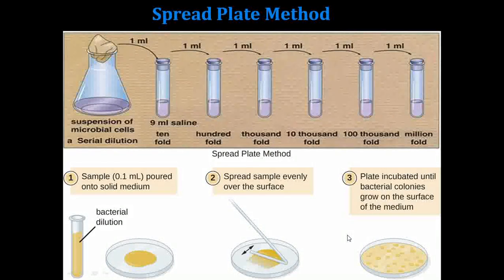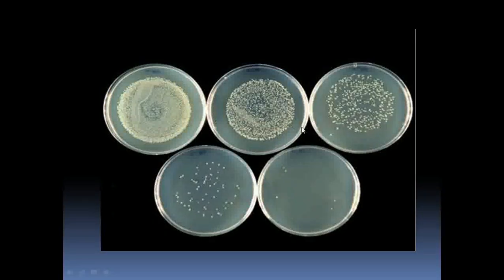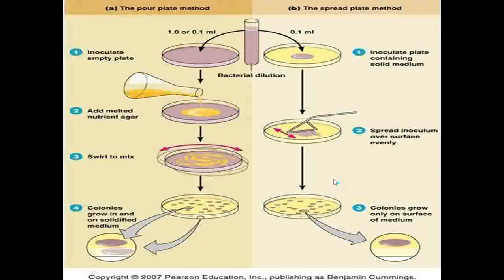Fine. So this will be the expected result. The highest concentration is present in the least dilution, and at last you have received the isolated colony at the highest dilution. Understood? Fine. So let's compare both techniques. In the pour plate, you are using culture broth for dilution purposes; here you are using a saline suspension, right?